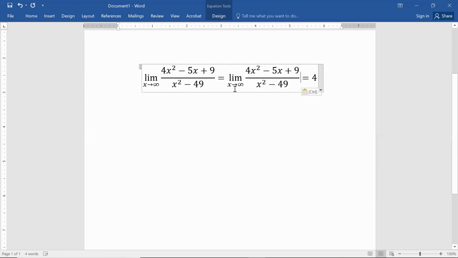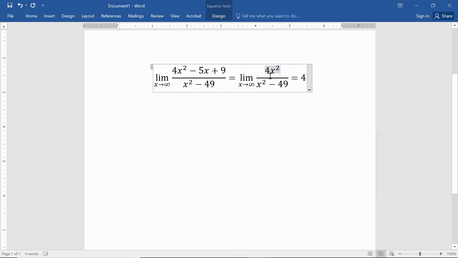In other words, as x goes to infinity, this minus 5x plus 9 portion is essentially going to not contribute much. Remember, these are really, really big values for x. And the minus 49 is not going to contribute much as we have x going towards infinity. And so this limit just becomes essentially the limit of 4x squared divided by x squared, which you can cancel like terms, cancel the x squareds, and get 4.